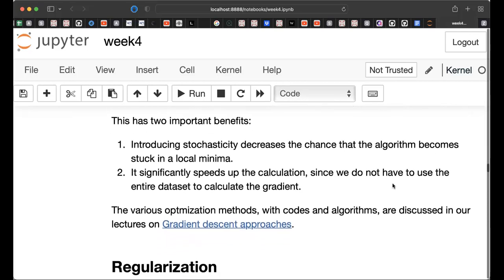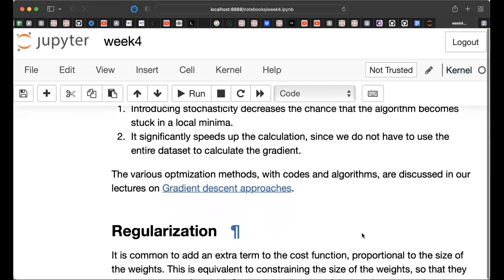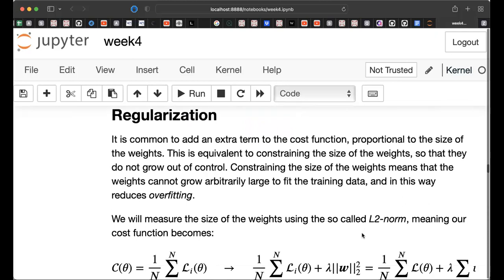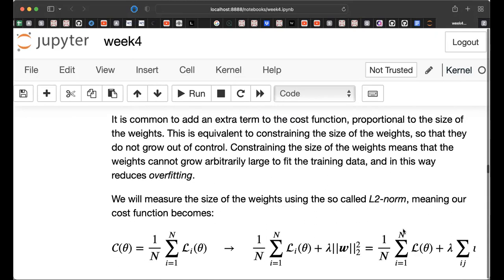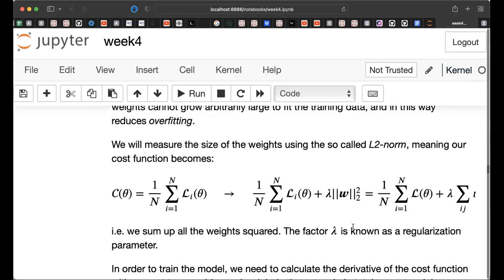So these are things which we have discussed before when we go back to our lectures on gradient descent approaches. So I'm not going to repeat that. You can, in addition, add a regularization term, and it's pretty common to have typically an L2 norm. And in the calculations which we have below here, we have actually added a regularization term on the weights, not on the biases.